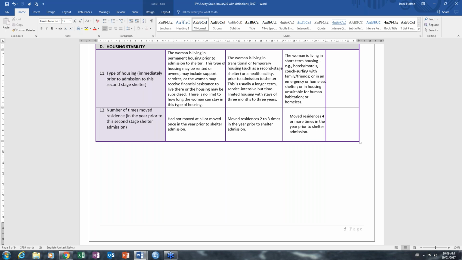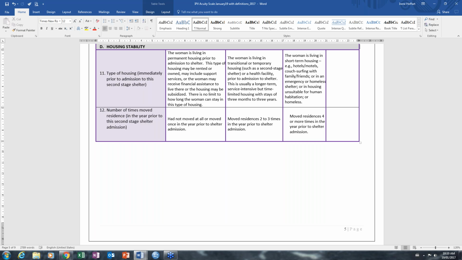And the score of 5 would be a woman living in an emergency shelter, for example, which is going to be quite often the case with women in second stage shelters. Or she might be couch surfing. So for example, she might have been in an emergency shelter, but then couldn't stay there any longer because of the time limits. And then she went and lived with her parents. That wasn't a feasible situation. Then she went to second stage shelter.